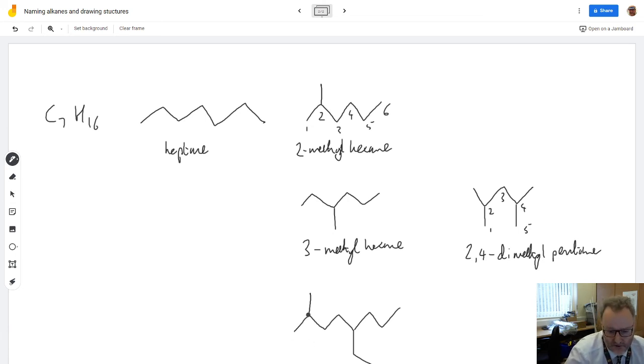So we could go 1, 2, 3, 4, 5, 6, 7 and go down this branch, or you could go 1, 2, 3, 4, 5, 6, 7, 8, or 1, 2, 3. Lots of ways you can count it, but the longest chain here is 8. So you would have 1, 2, 3, 4, 5, 6, 7, 8, or I could have gone up there, it doesn't matter, it's 8, so it's an octane, this one.